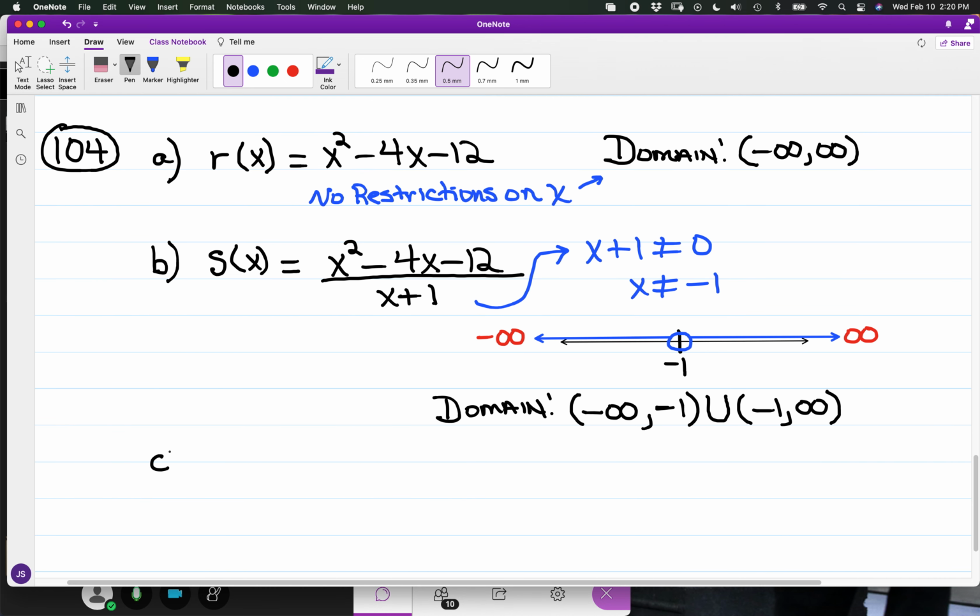Now, the case where we have restrictions on this trinomial arrives with t of x. t of x is going to be the reciprocal, or the multiplicative inverse, of what we had for s of x. This time we have x plus 1 at the top and x squared minus 4x minus 12 on the bottom.